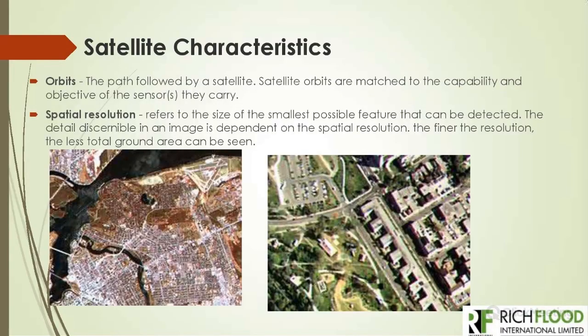So these are the characteristics of satellite imagery that could determine the type of imagery you want to acquire for your study. This includes the spatial resolution, which refers to the size of the smallest possible feature that can be detected. The detail discernible in an image is dependent on the spatial resolution. So we have two images that have been placed side by side. If you observe the imagery on the right, the features on this imagery are bigger compared to the imagery on the left.